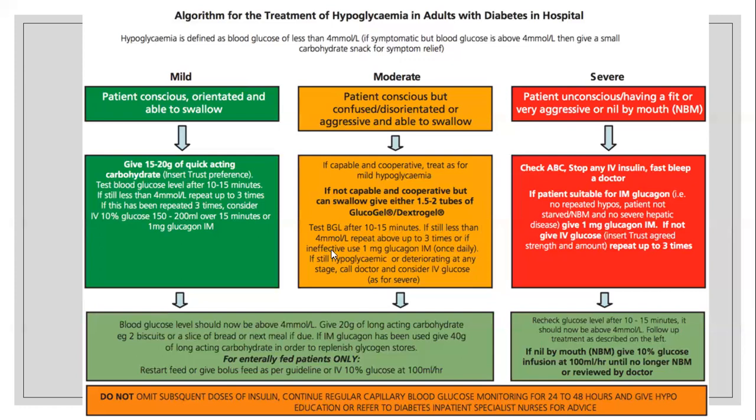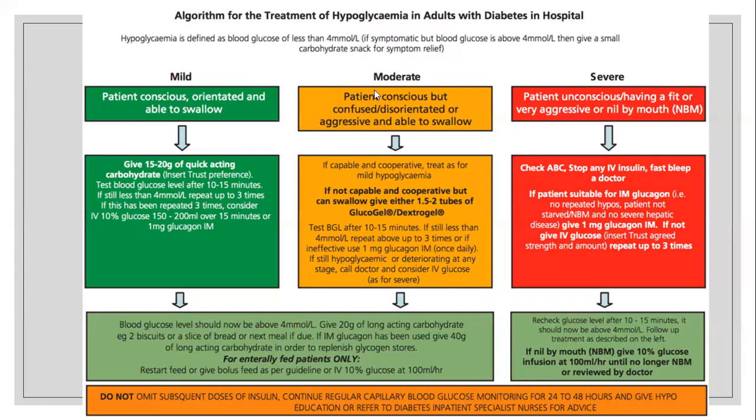If still less than 4 millimoles per liter, repeat the above up to 3 times, or if ineffective, use 1 milligram glucagon intramuscular. If still hypoglycemic or deteriorating at any stage, call the doctor and consider IV glucose.